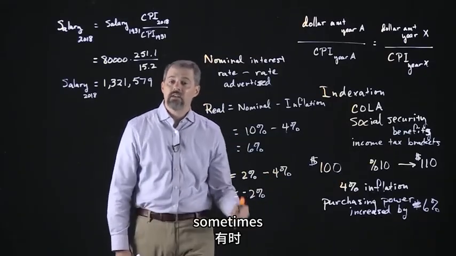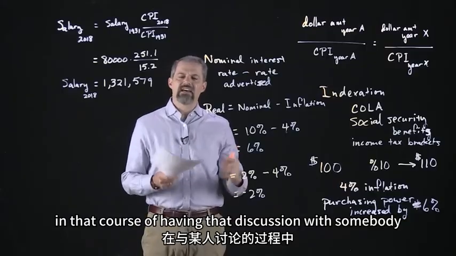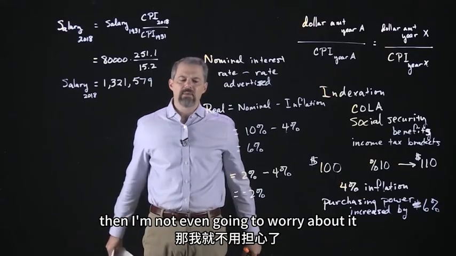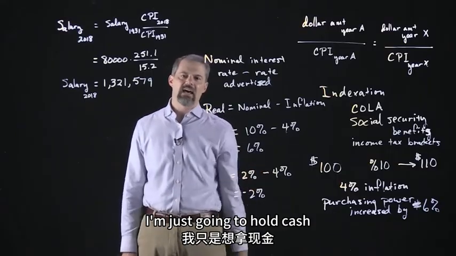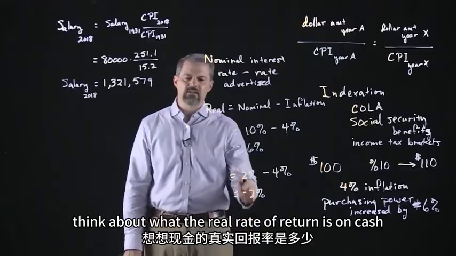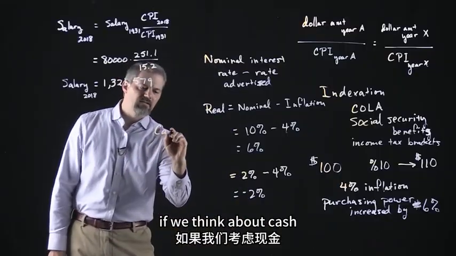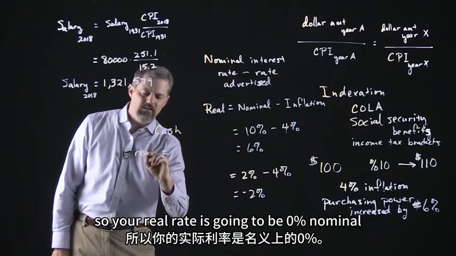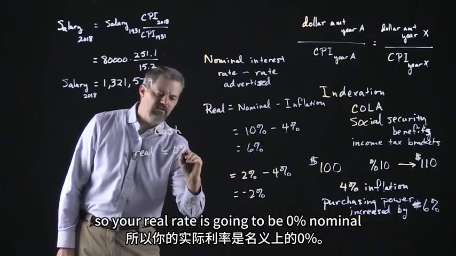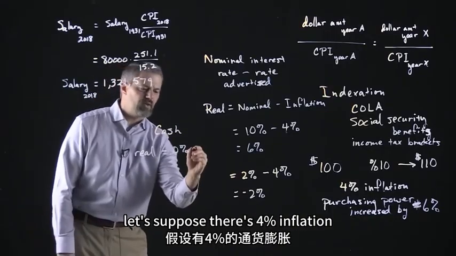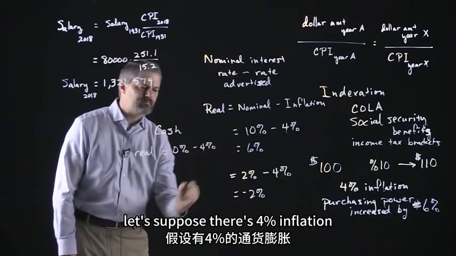Sometimes in the course of having that discussion with somebody, they say, oh, well, then I'm not even going to worry about it. I'm just going to hold cash. Well, think about what the real rate of return is on cash. If we think about cash, the nominal rate of return is 0%. So your real rate is 0% nominal, subtract off the inflation rate. Let's suppose there's 4% inflation.